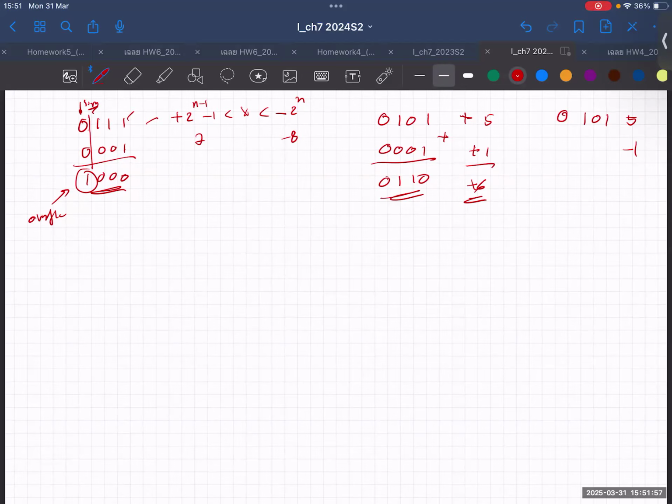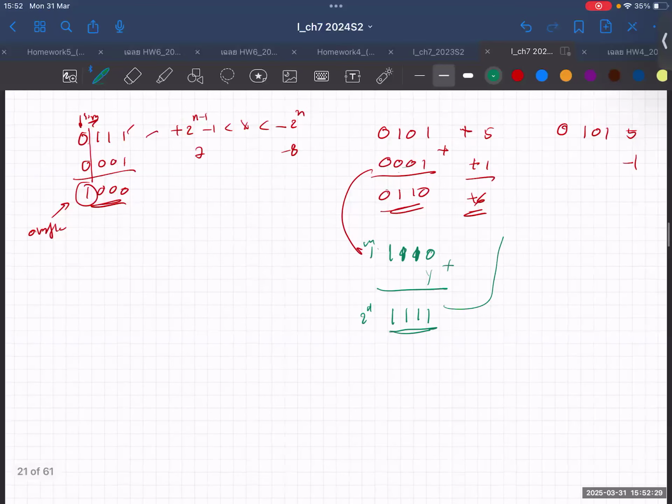You need to convert the code into 2's complement code. How do you do that? First, make it 1's complement by flipping all the bits. Then add +1 to make it 2's complement. So you get 1111. So 1111 is the code for -1, right? And then you can plug in here 1111.